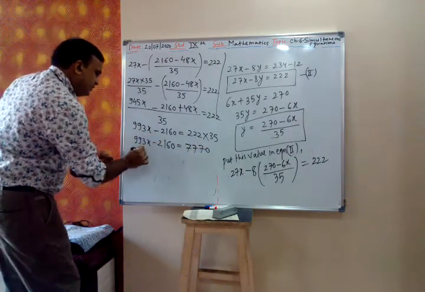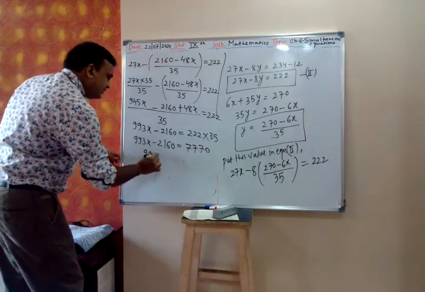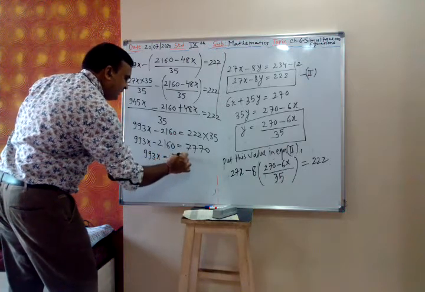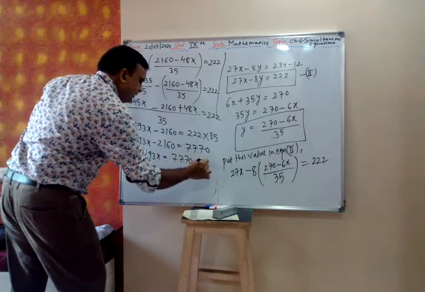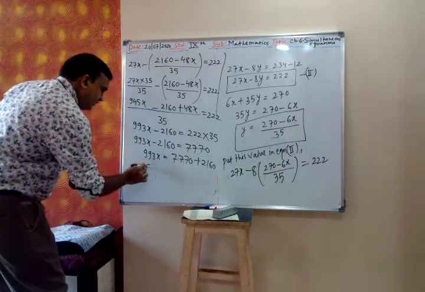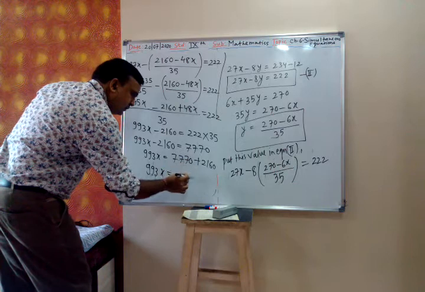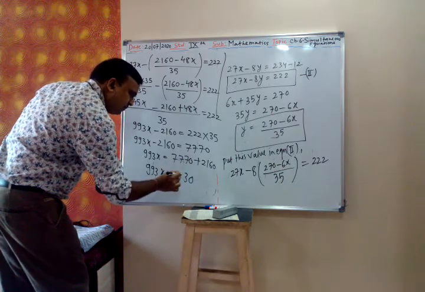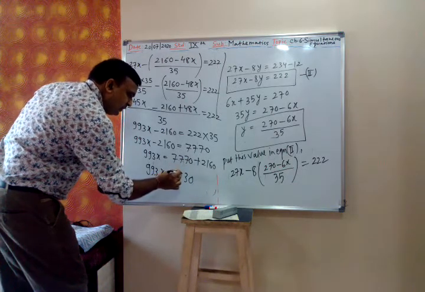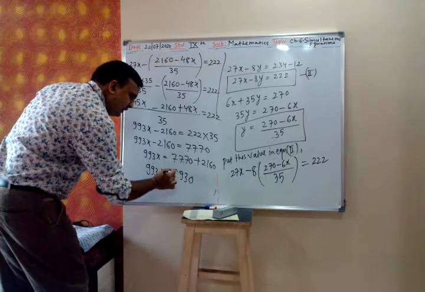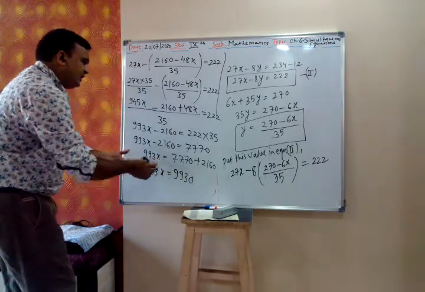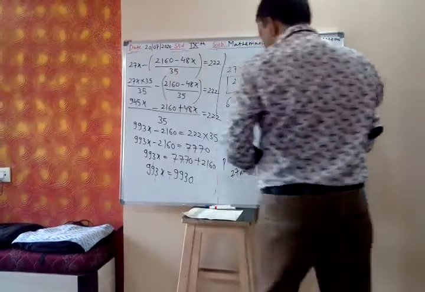Now take 2160 on the other side. So 993x is equal to 7770 plus 2160. So 993x is equal to 9930. Now divide that by 993.